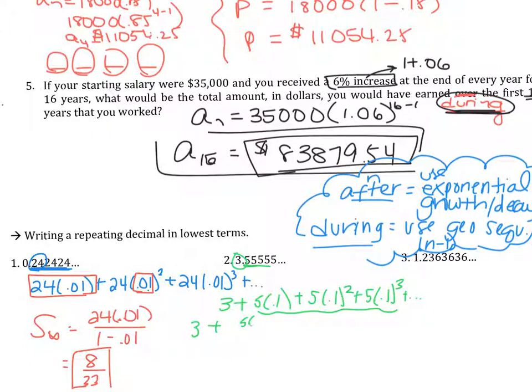So a sub 1 is 5 times 0.1, and then it's 1 minus r, which is 0.1. So 5 times 0.1 divided by 1 minus 0.1. And then if I hit math, enter, enter, I get 5/9, but I have to remember I now have 3 plus 5/9, so I need to add the 3. So I get 32 over 9.